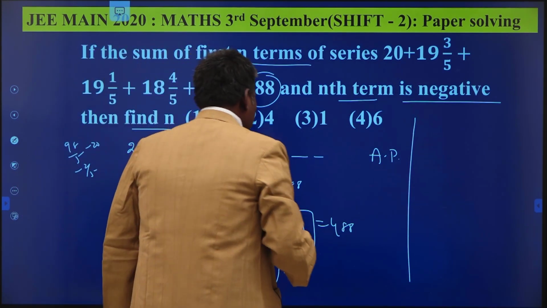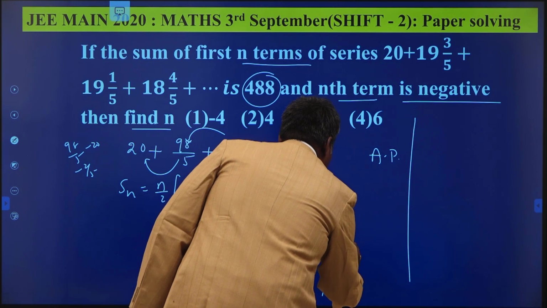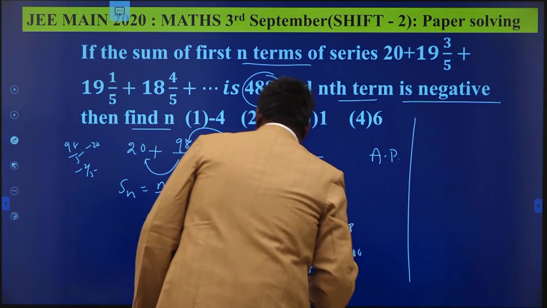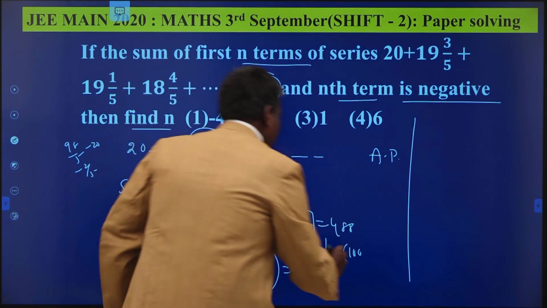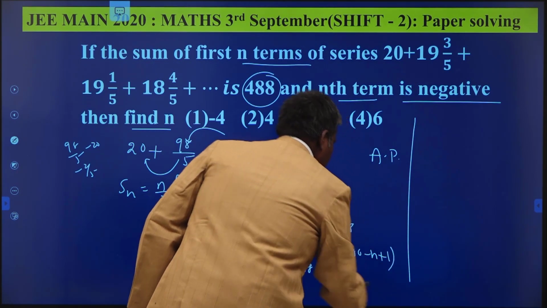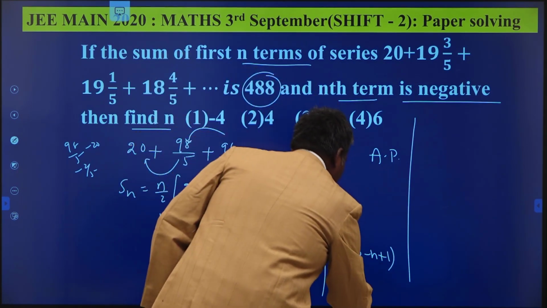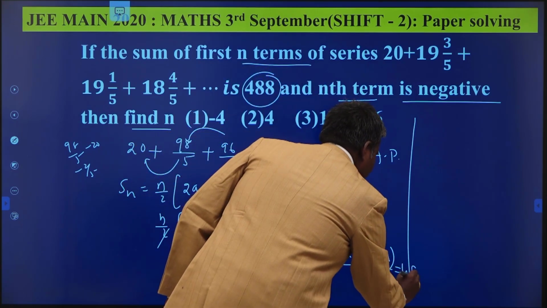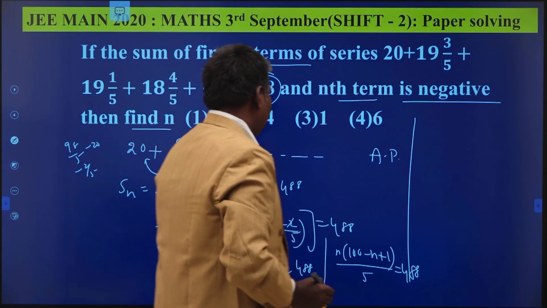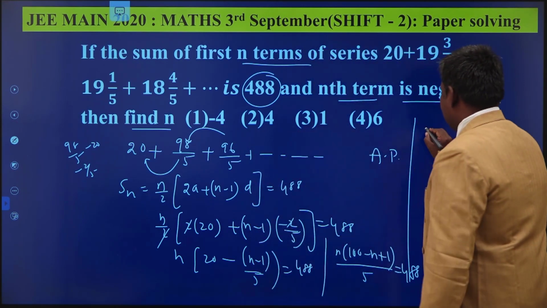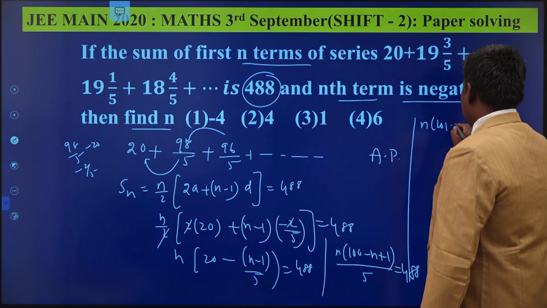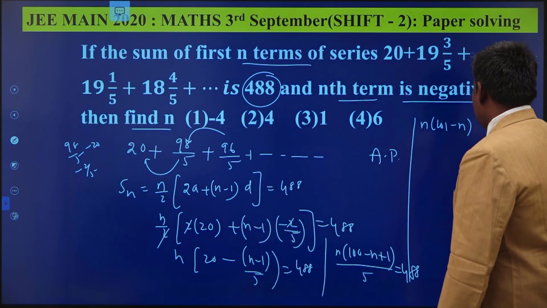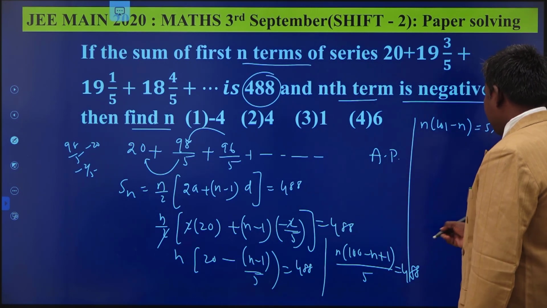So n times (100 minus n plus 1) by 5 is equal to 488. N times (101 minus n) is equal to 5 into 488.